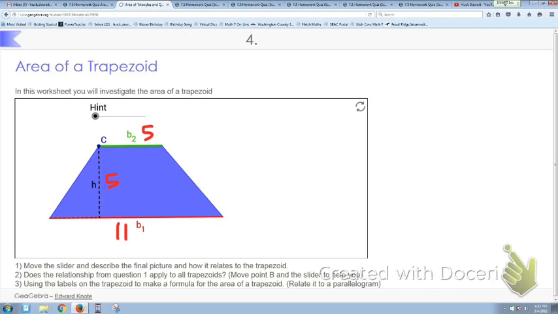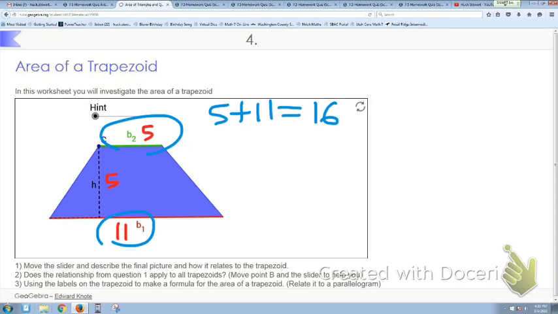So the way I do this is I take the two bases and I add them up. So 5 plus 11 equals 16. Okay. So I've got my base times height, and because it's base 1 plus base 2 multiplied by half multiplied by the height, I've got this part right here.